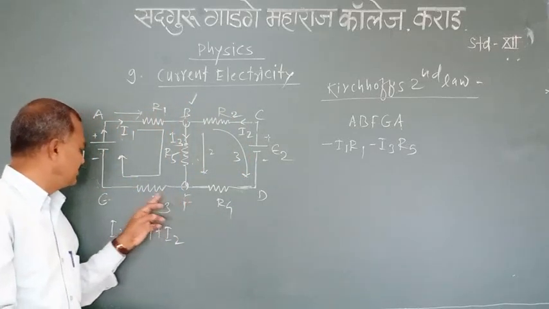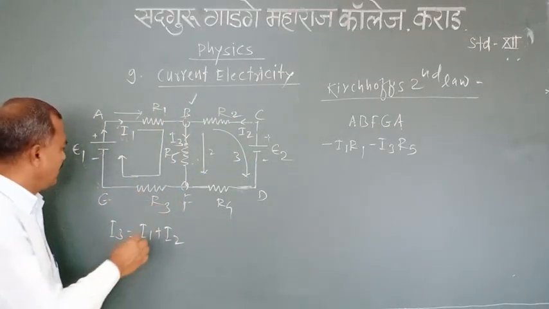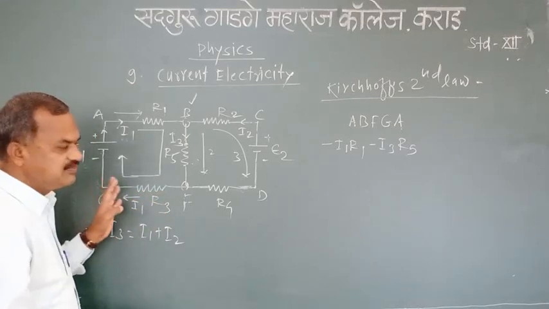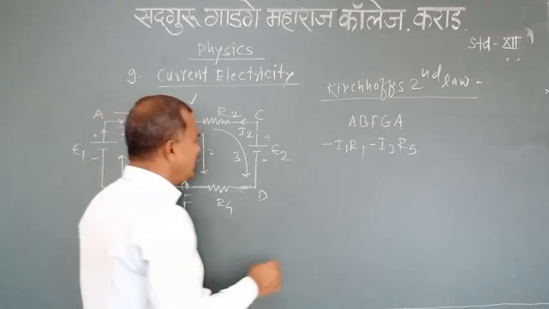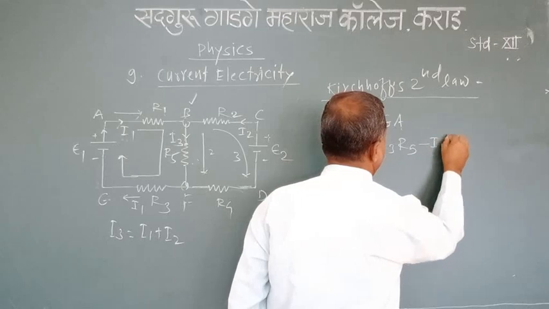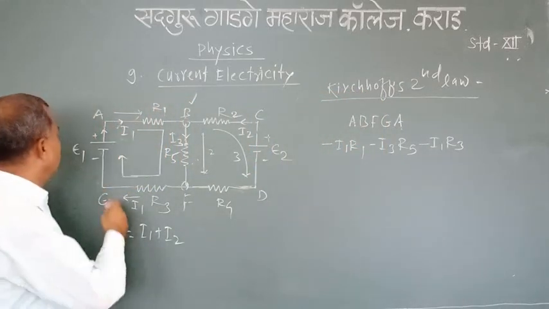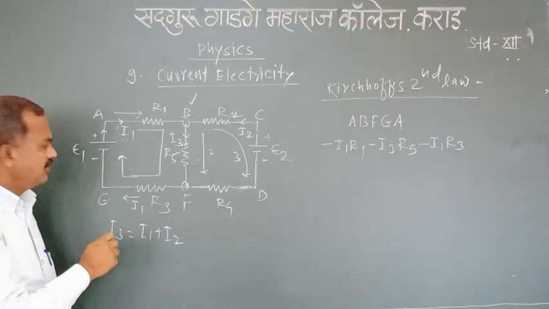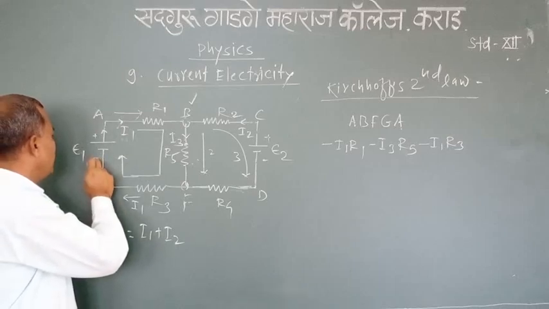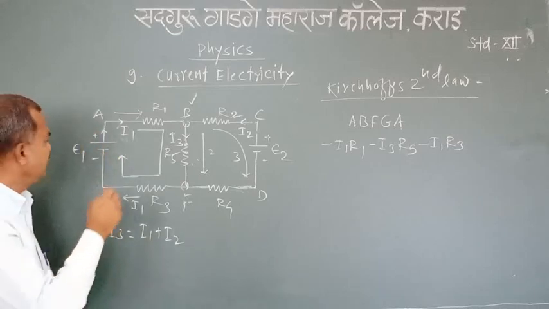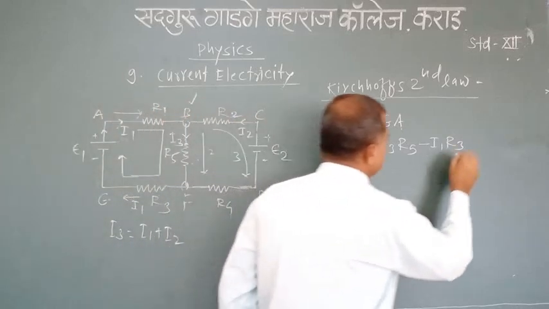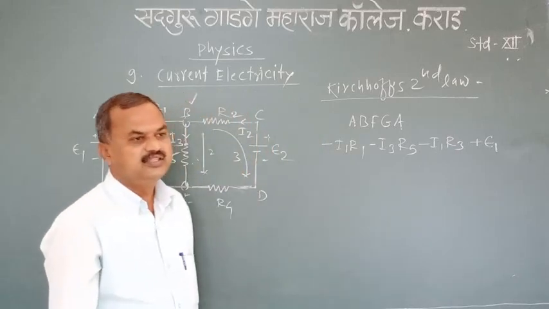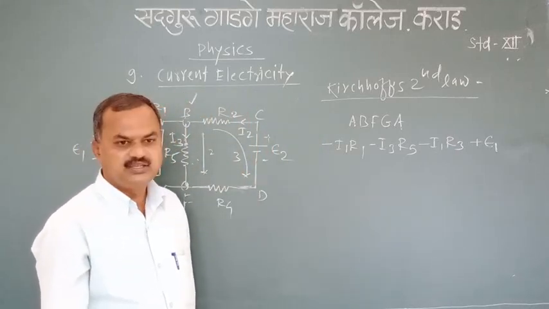Then from F to G, resistance R3, current I1, both are in the same direction, therefore the product I1 R3 is negative. From G to A, there is a cell having EMF E1. We traverse within that cell from the negative plate to the positive plate. Therefore, the EMF of such a cell is taken as positive. So, the sum of all this, according to Kirchhoff's second law, the voltage law, is equal to 0.